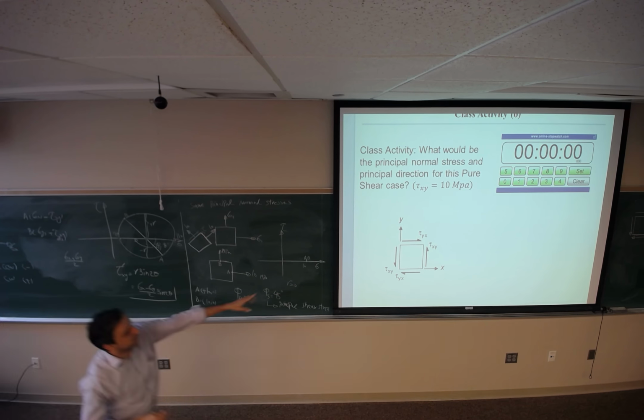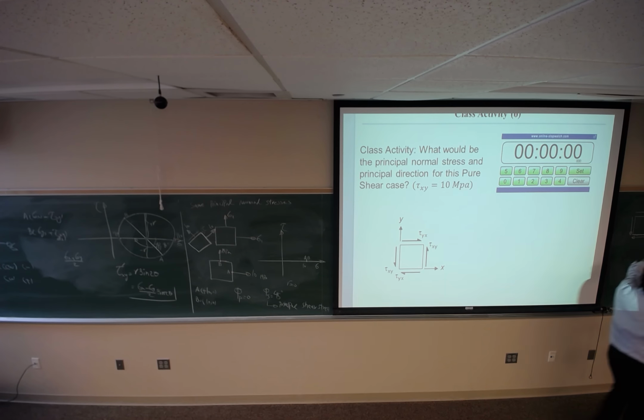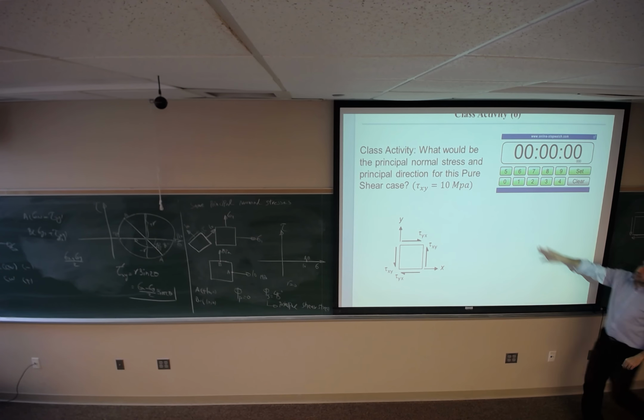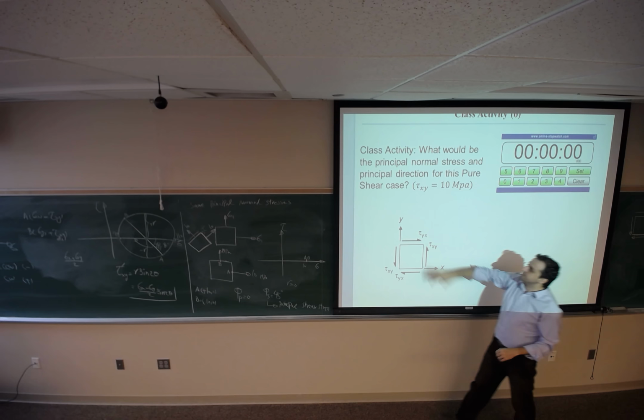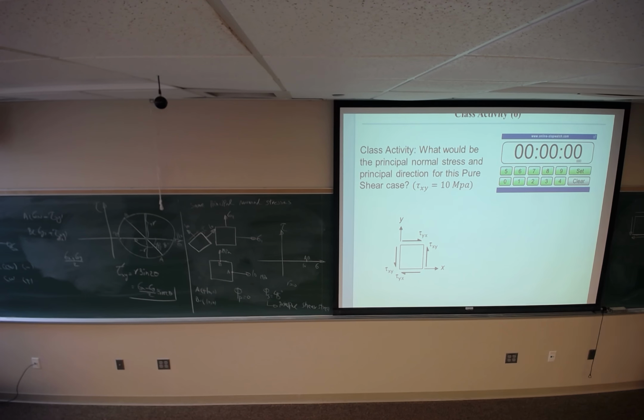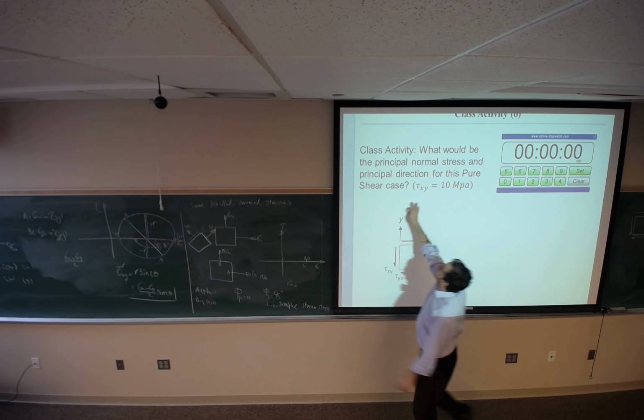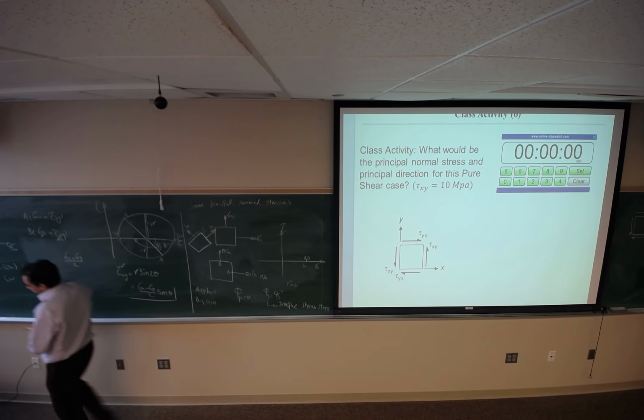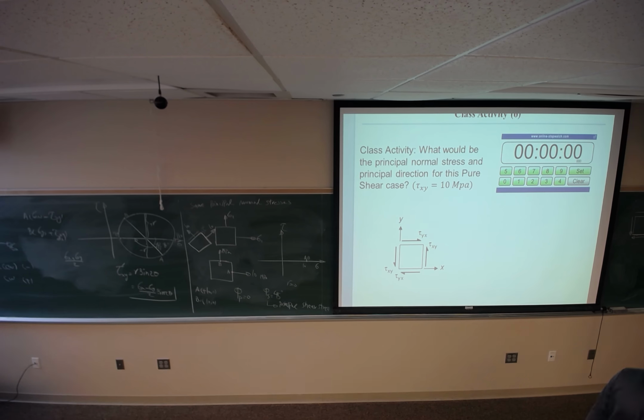This is tau xy, positive 10 megapascal. The pure shear stress has the value of positive 10 megapascal. It means the arrow in this plane should go up, and the arrow in this plane should go to the right. Draw the Mohr circle and find the principal normal stresses. Is that clear?